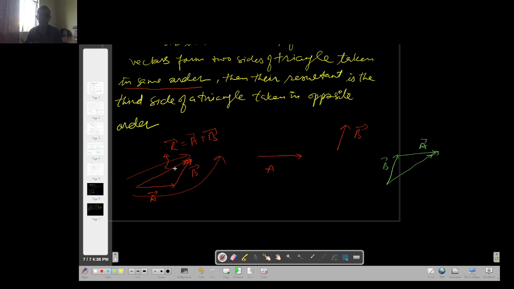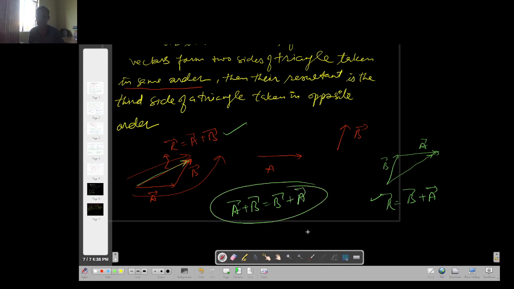Now see, this resultant and the earlier one are identical, so from this diagram this can be written as B plus A. If we club these two, then I can say that A plus B is equal to B plus A. So that means vector addition is commutative in nature.